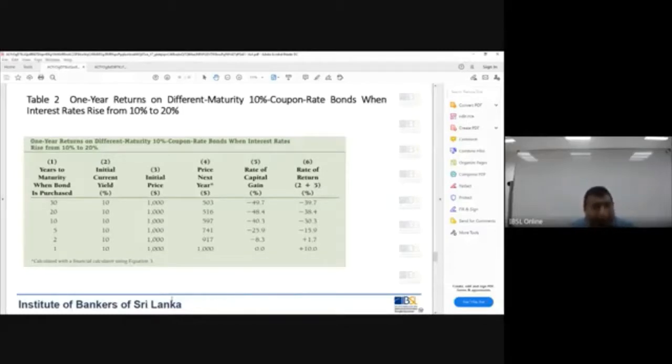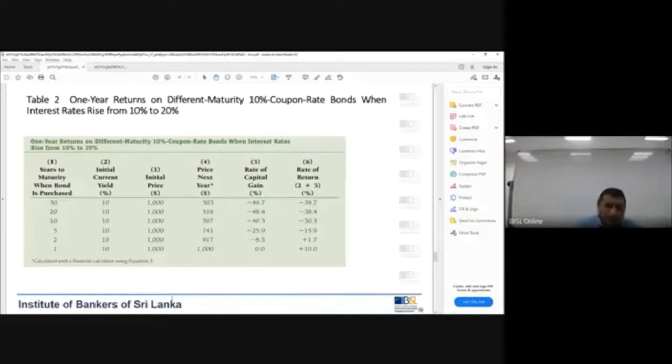This is an example that we have highlighted to show that the impact is much stronger for longer-term assets when the interest rates change by the same magnitude. But as far as financial market experience is concerned, the same magnitude of change weakens as you go along the maturity path.